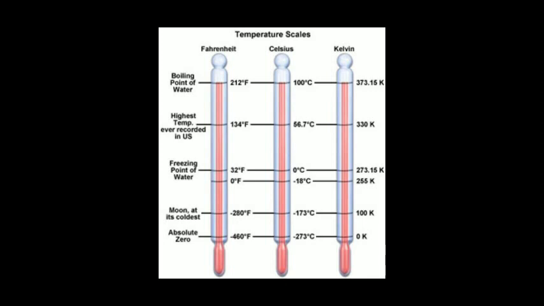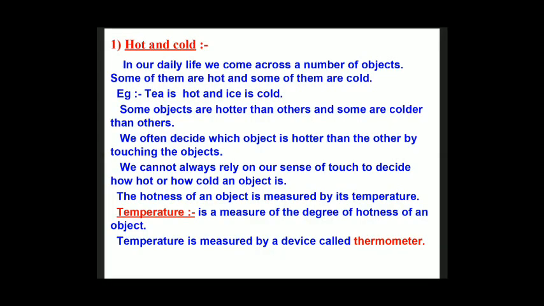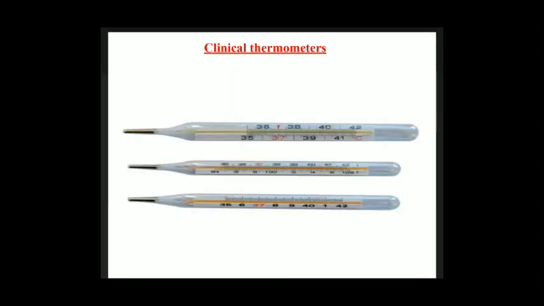So in this video we came to know that heat is a form of energy which makes an object hot, and we cannot rely on the sense of touch for the hotness or coolness of an object. So we use a reliable thing, that is temperature, and temperature is measured with the help of thermometers, which could be clinical thermometers or laboratory thermometers.